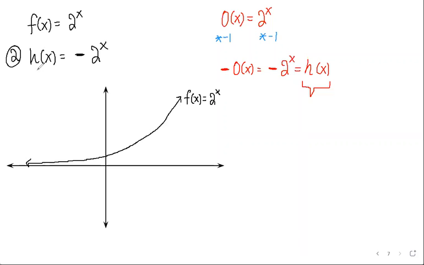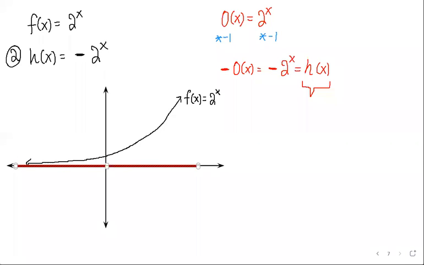Now to graph h of x, I have to reflect the original function around the x-axis. So here is my mirror, the x-axis. Reflect all the points around the x-axis.